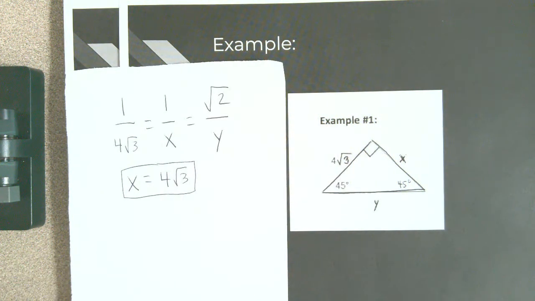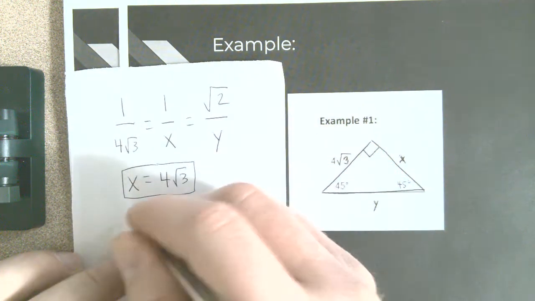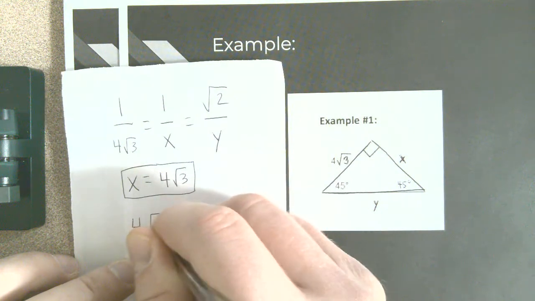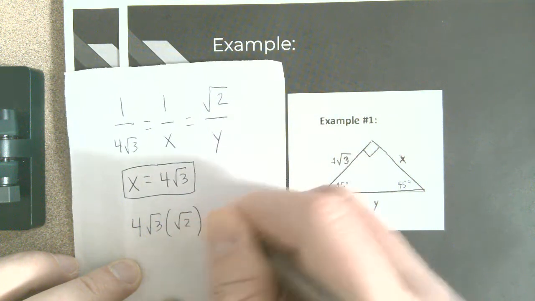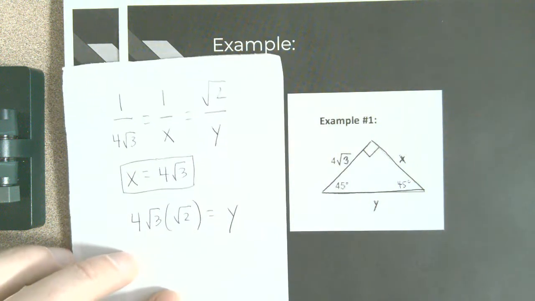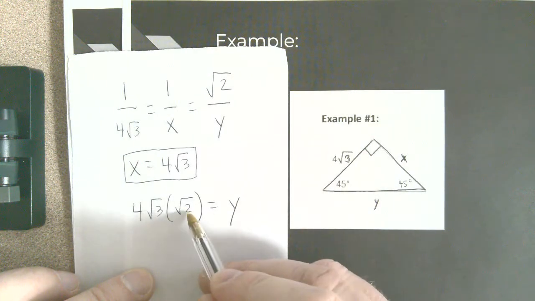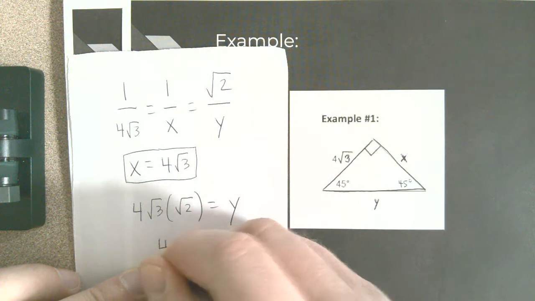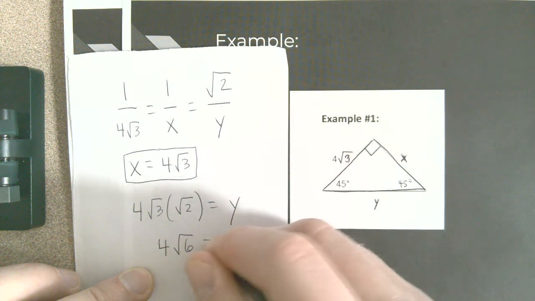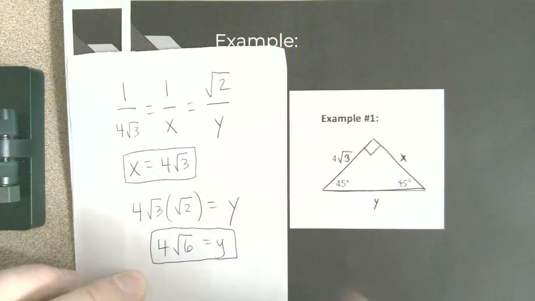To solve for y, I can do 4 radical 3 times radical 2 equals y times 1, which is simply y. And if I multiply 4 radical 3 times radical 2, that gives me 4 radical 6. That's going to be the length of my hypotenuse.